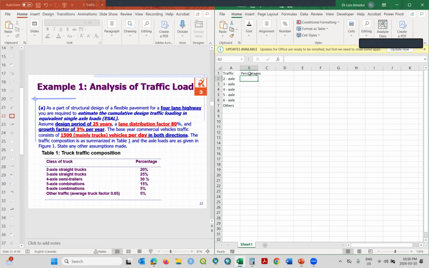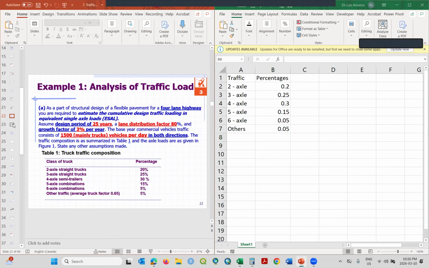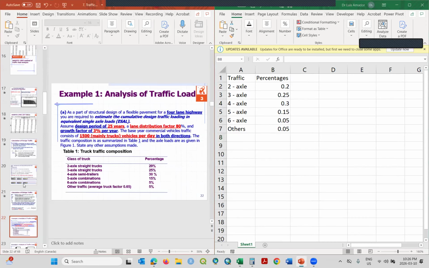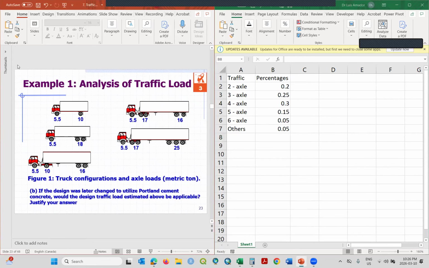So we have 0.2, 0.25, 0.3, 0.15, 0.05, 0.05. Okay. So those trucks look like this because they give us the weights from historical information. So this is my 2-axle, 3-axle, 4-axle, 5-axle, 6-axle.